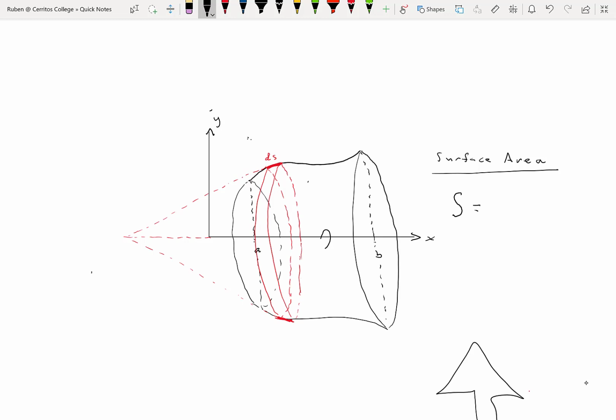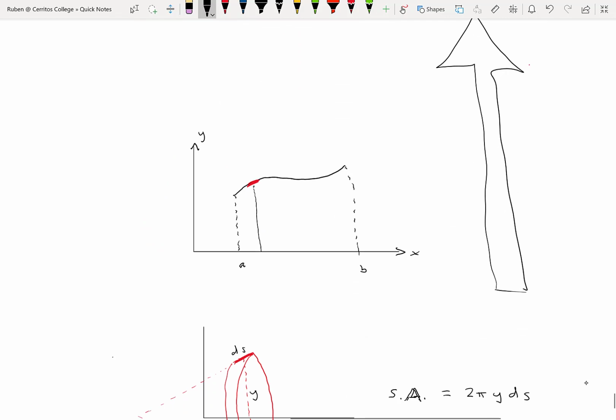Now we're going about the x-axis, not the y-axis yet. Is the integral of 2 pi y ds as x ranges between a and b. Look at how simple that formula is. Well, we have the same problem we did in the arc length problem. What is that ds? Well, that's the bad news. The good news is we already have two formulas for ds.